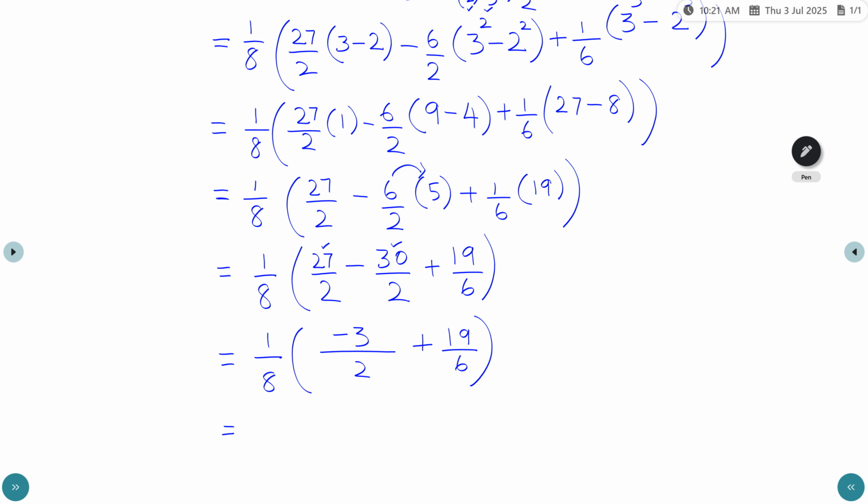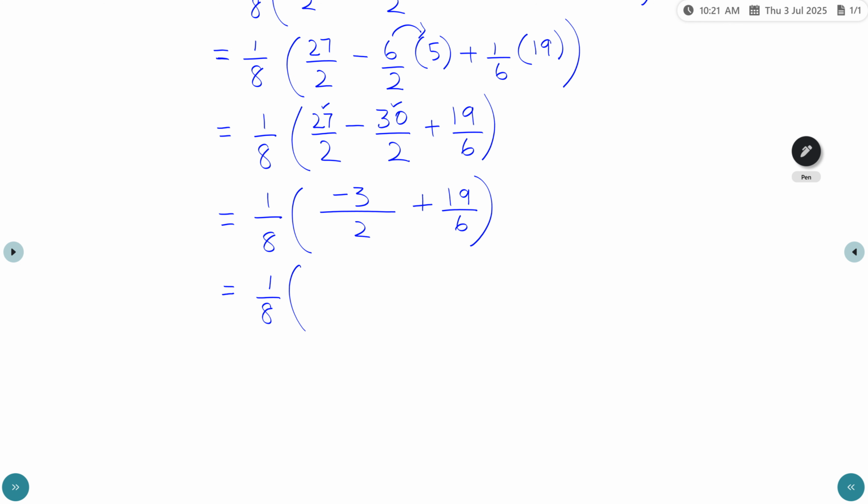Next step, the denominators are not the same, so multiply and divide this term by 3.